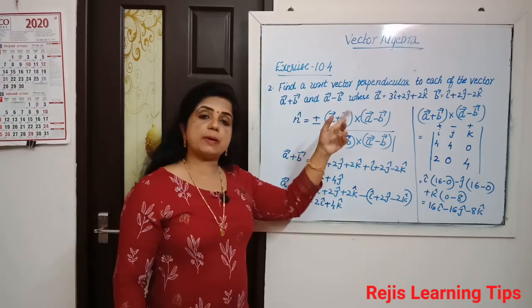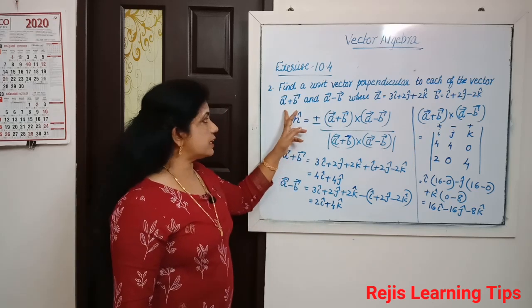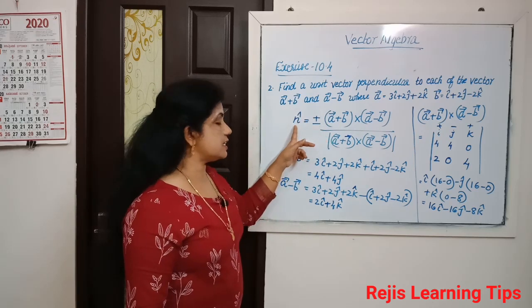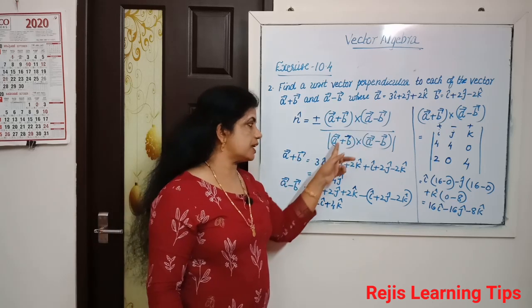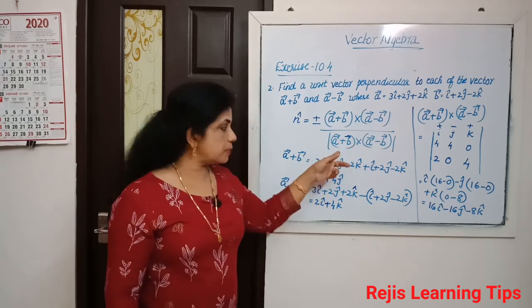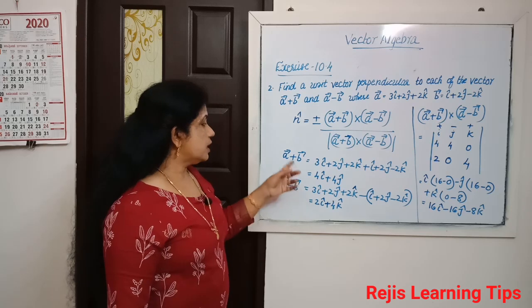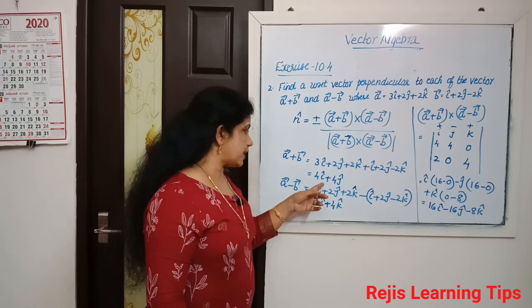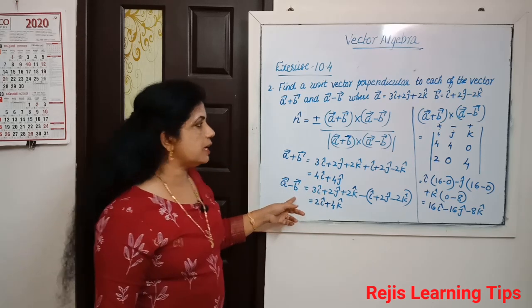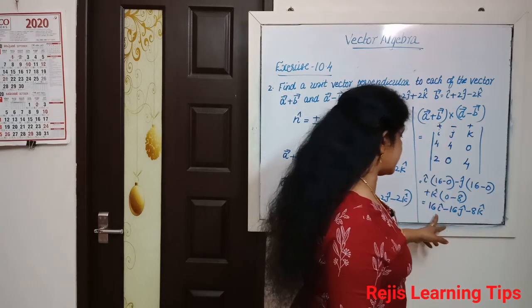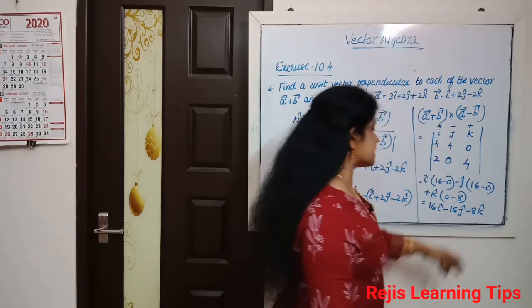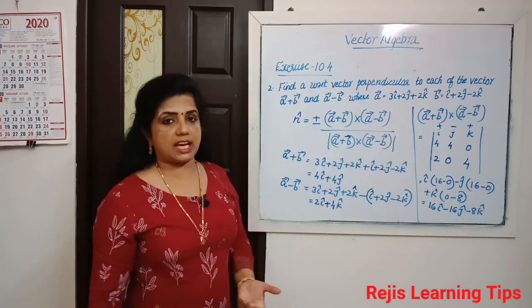The unit vector perpendicular to each of the vector a plus b and a minus b is given by n cap is equal to plus or minus a plus b cross a minus b divided by modulus of a plus b cross a minus b. First we find a plus b, then a minus b, then we find the cross product by using the determinant. So we get 16i minus 16j minus 8k.